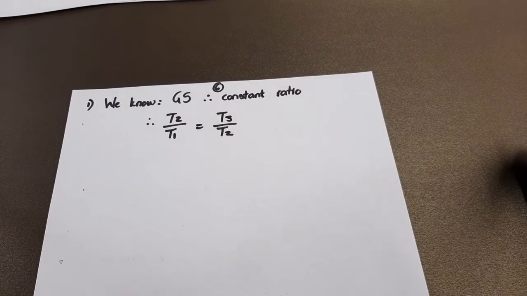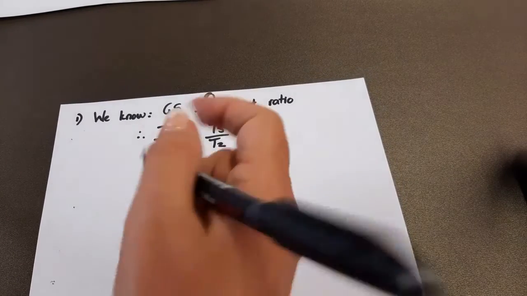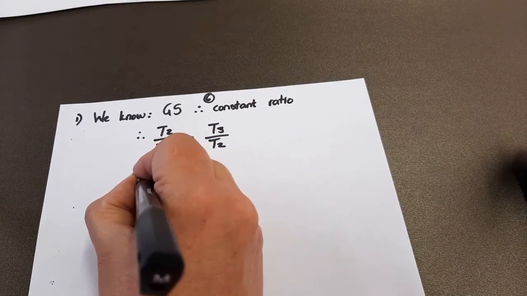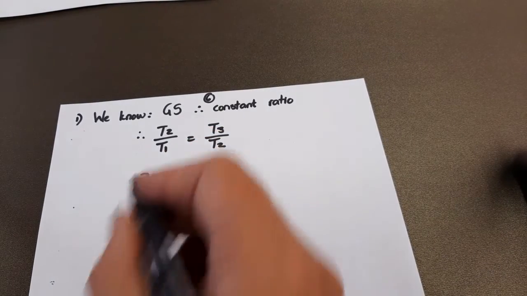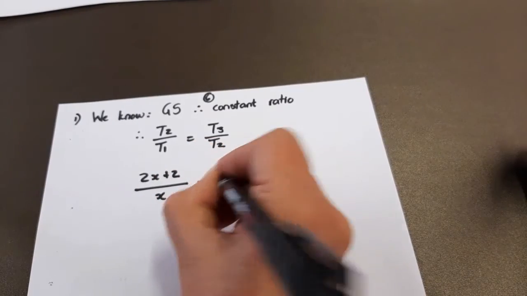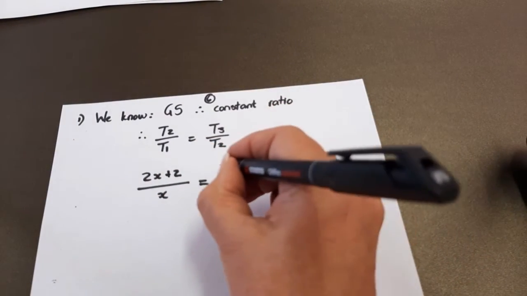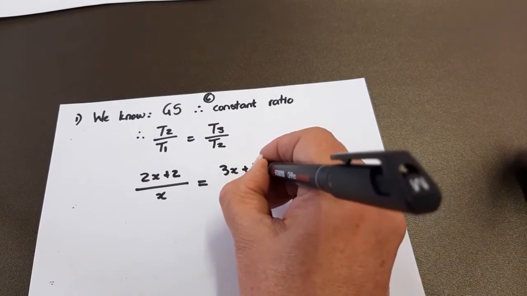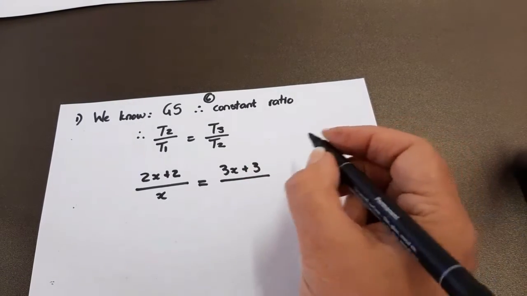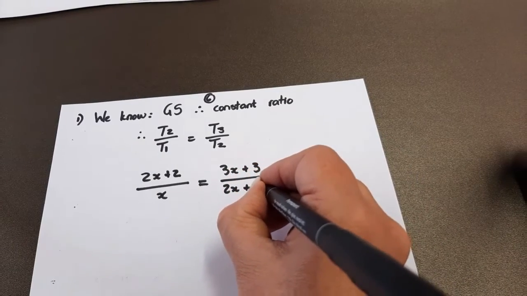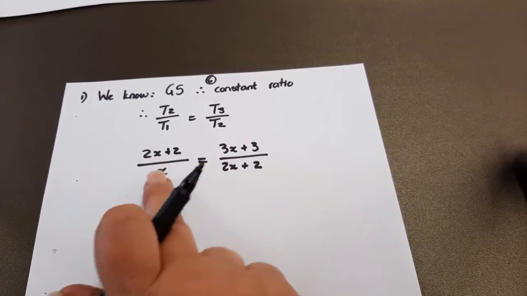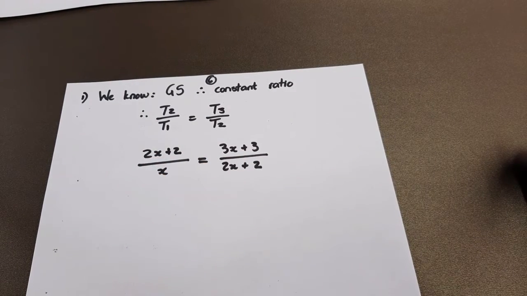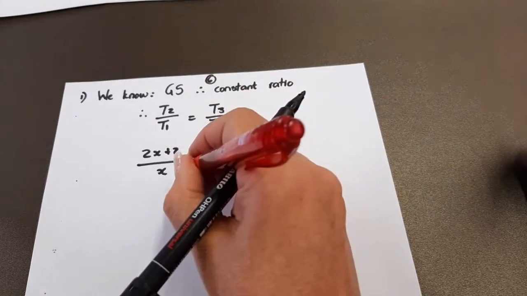So we are going to take term 2, which is 2x plus 2, and we're going to divide it with term 1, which is x, and that will be equal to term 3, 3x plus 3, divided by term 2, 2x plus 2. We have x's in the numerators and the denominators. So the easiest way to calculate x will be to cross multiply.